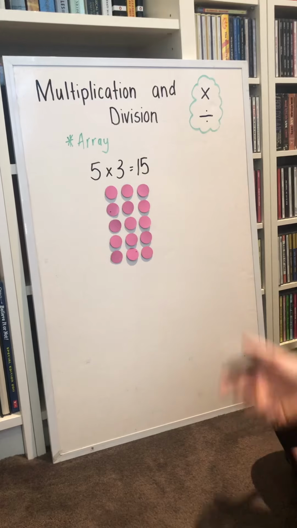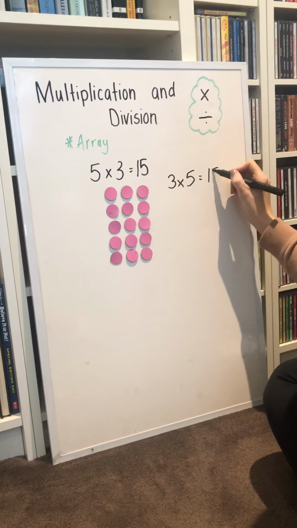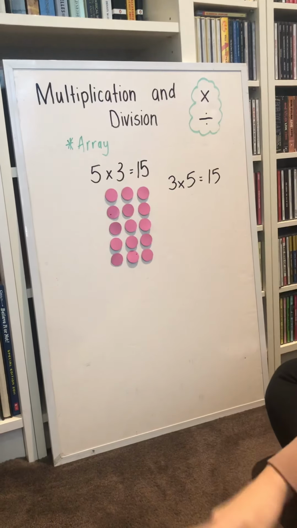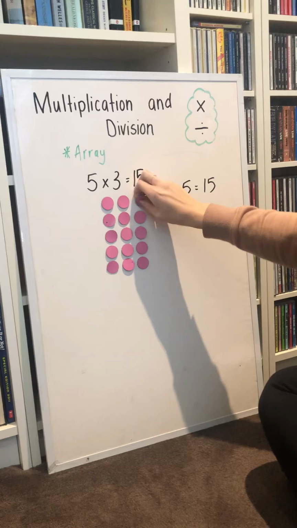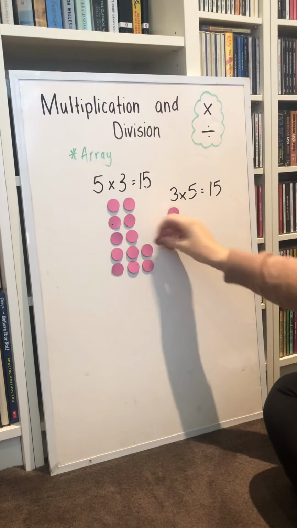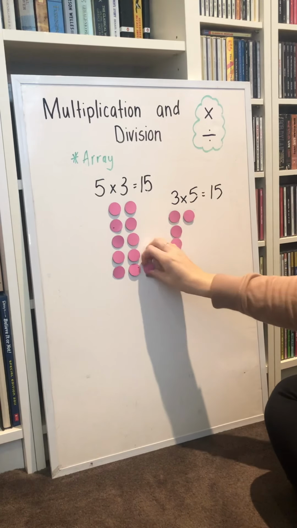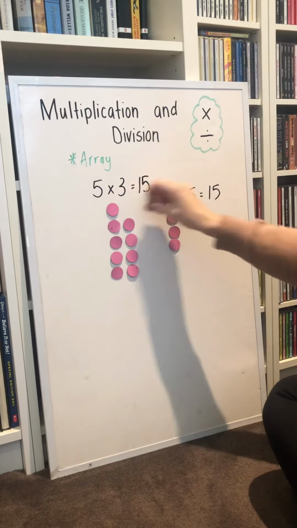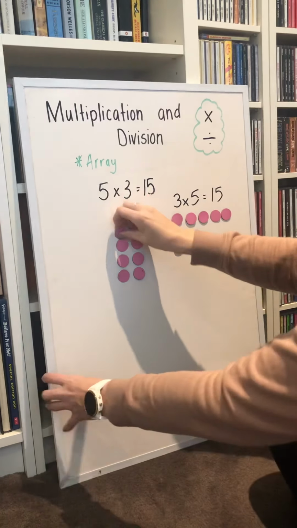Now as I said before, if you wrote 3 times 5, your answer is still going to be 15. So we'd use the exact same amount of dots. But if you wanted to show your array correctly, you would have 3 dots down, like this, and then you'd have your 5 dots going across. I'm still using these same 15 dots. Answer doesn't change, just your array will look a little bit differently.